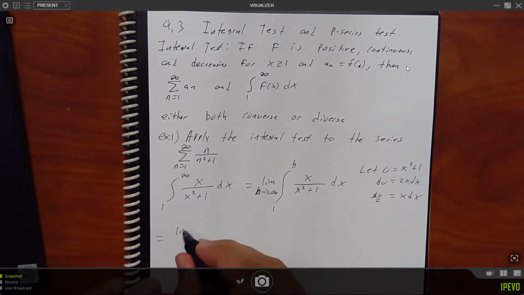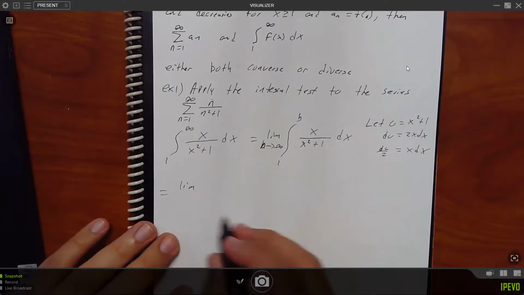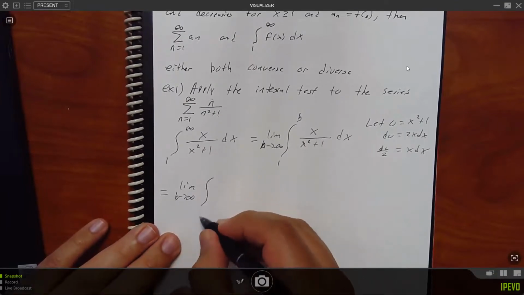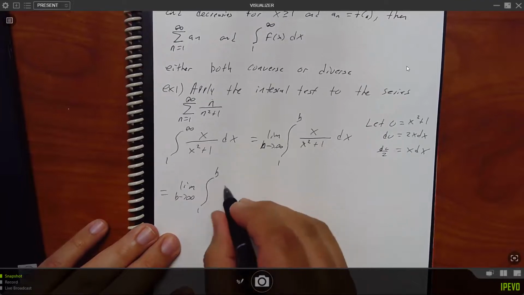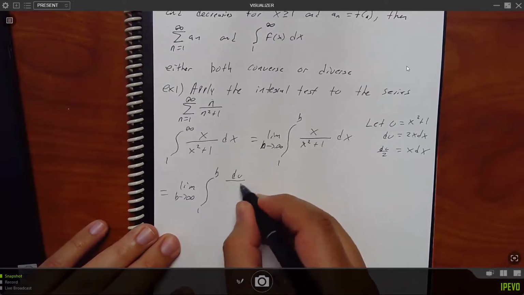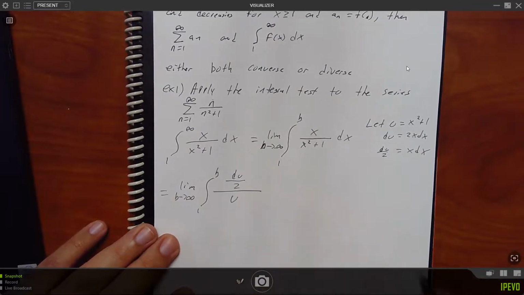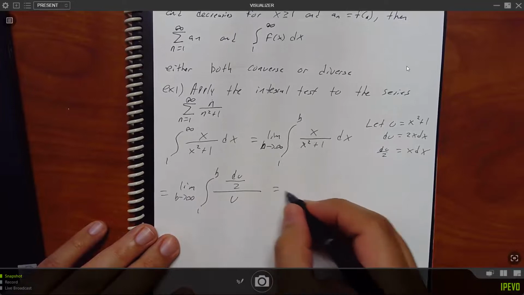So that'll be the limit as b goes to infinity of the integral 1 to b of du over 2 divided by u. Pull out the 1/2.